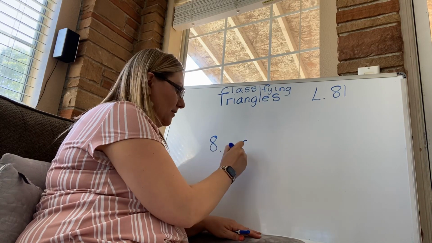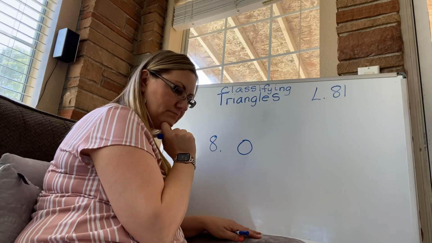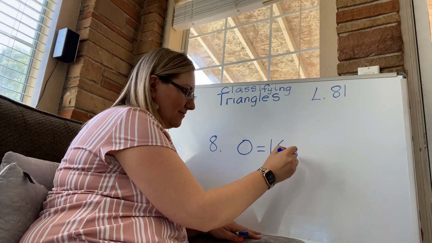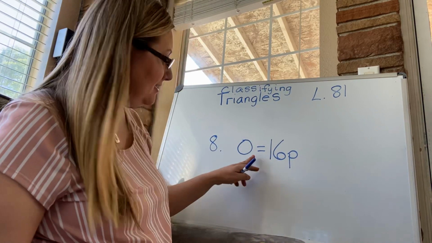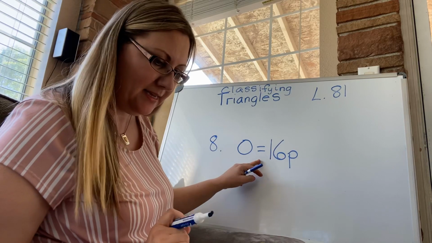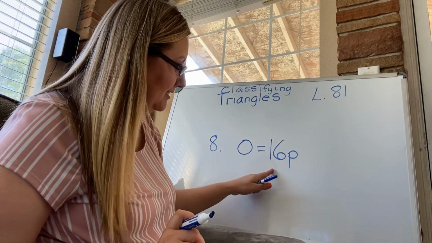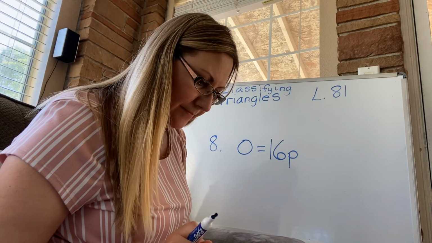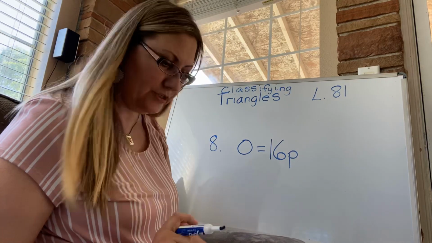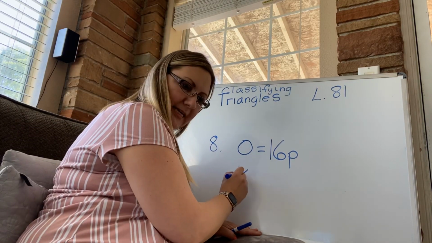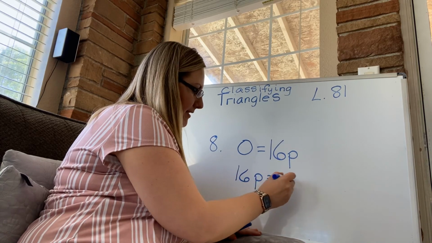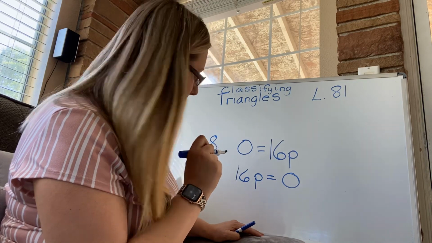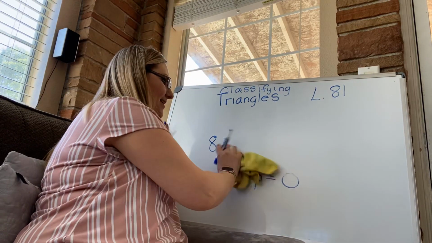We could have a certain number of ounces and then we can say equals 16 pounds, 16p. That would be one of the equations. Or you could say 16P equals O. Okay. All right. So write that down.